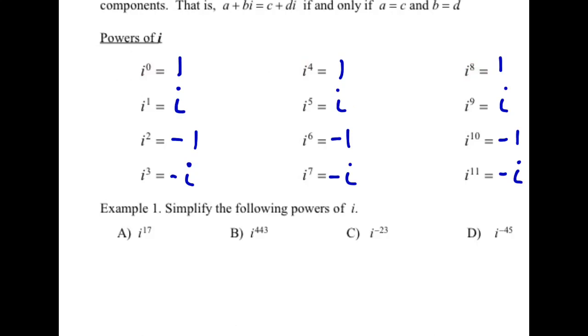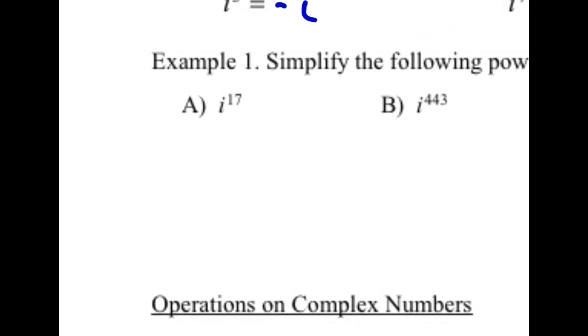Every 4, it's going to be up there. And each of these specific exponents is a multiple of 4. If I take i to any multiple of 4 for an exponent, it's going to simplify to 1. We're going to utilize that fact in simplifying problems like you see in example 1. i raised to any power of 4 is 1.